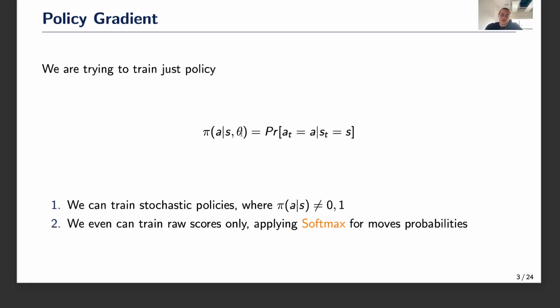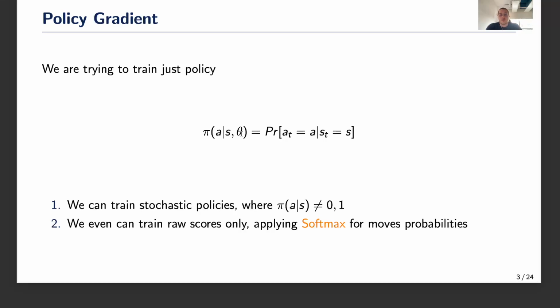You might be wondering, why make the policy stochastic? Why not just output one best action deterministically? That's a great question, but there are two main reasons. First, exploration. Stochastic policies help the agent avoid getting stuck in local optima early in the training.